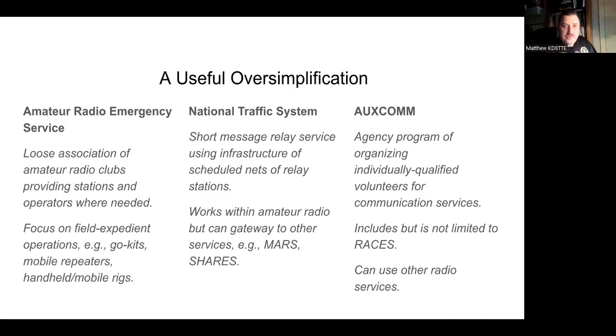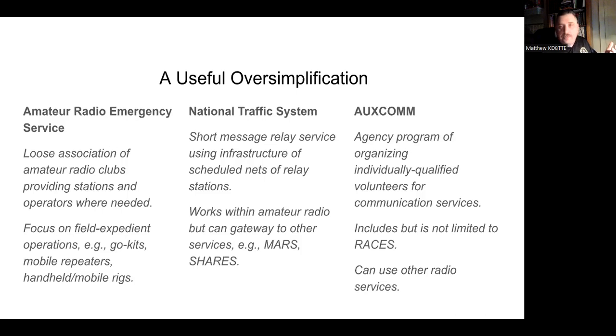Now, the National Traffic System is a short message relay service. And so its infrastructure is a system of scheduled nets, frequencies, and the stations that use them for the purpose of relaying messages. It works within amateur radio. That's what the whole thing is about. But it does also have the ability to gateway to other systems.